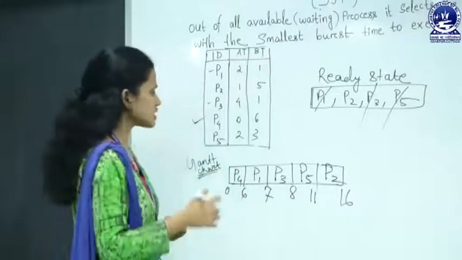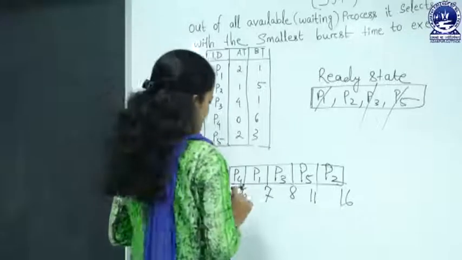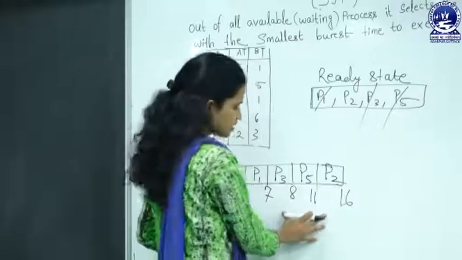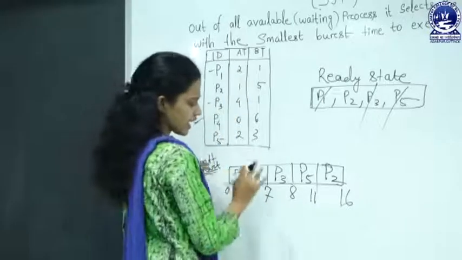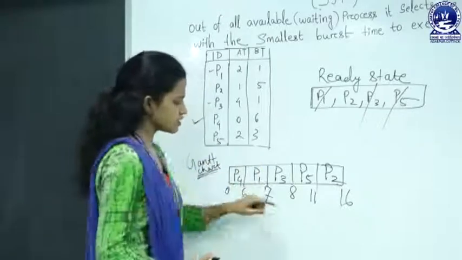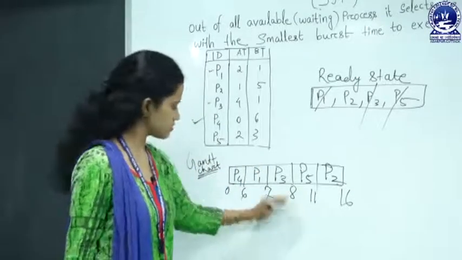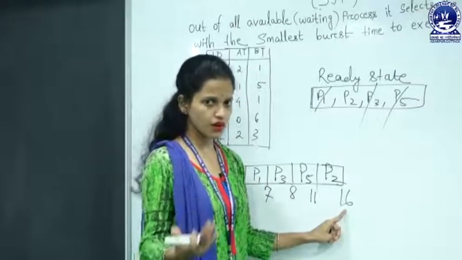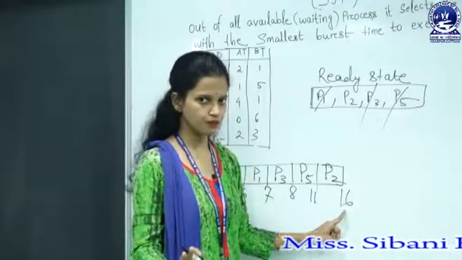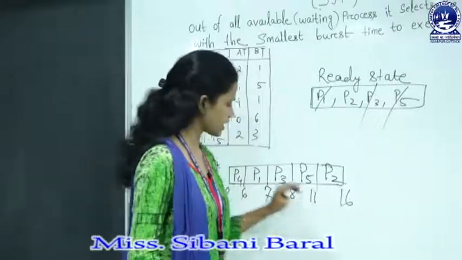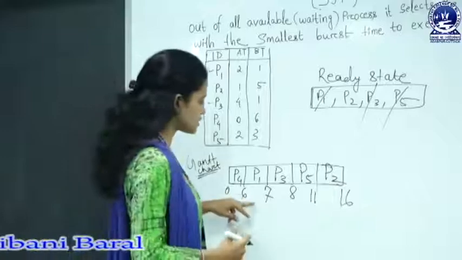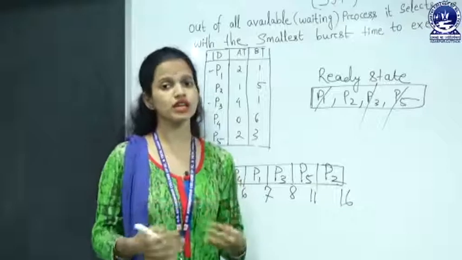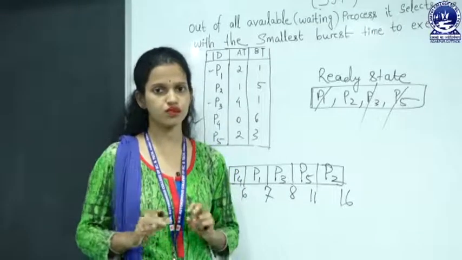Look at the Gantt chart. Is there any time where the CPU is idle? Look at this, from 0 to 16 millisecond, is there any time when the CPU is idle? No. From 0 to 16 millisecond, at any time the CPU was busy executing a process.